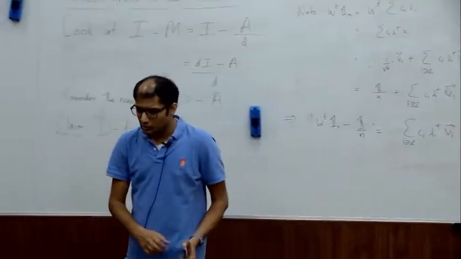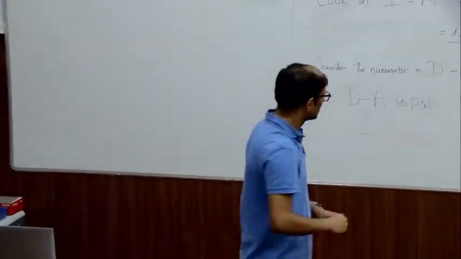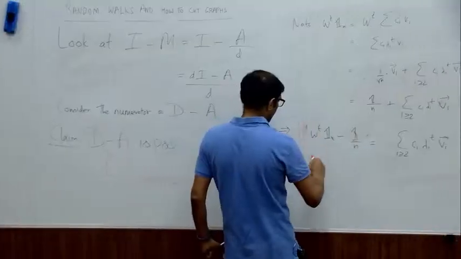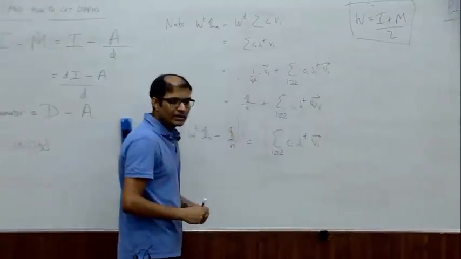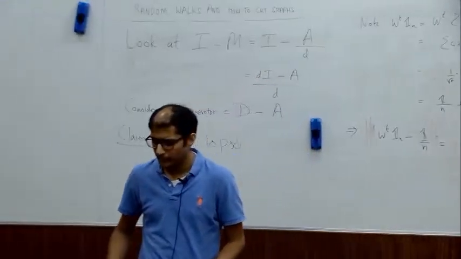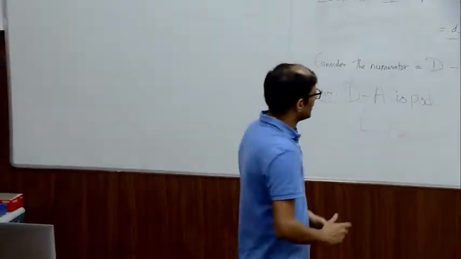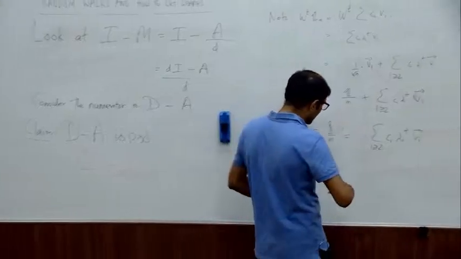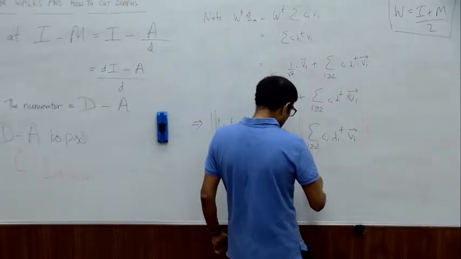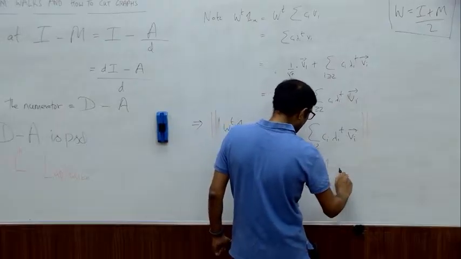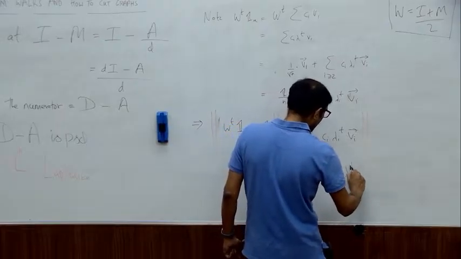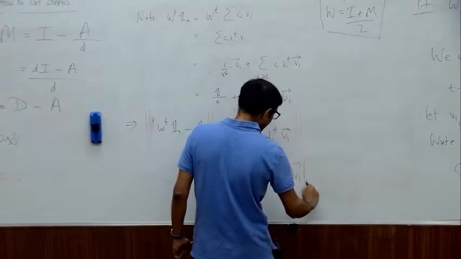Now I put norms on both sides. Triangle inequality. Alright? That's your friend. So I claim this is at most the sum of Ci lambda i to the t Vi.